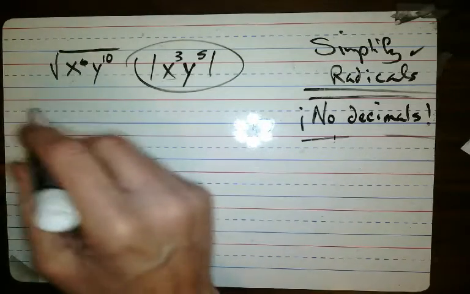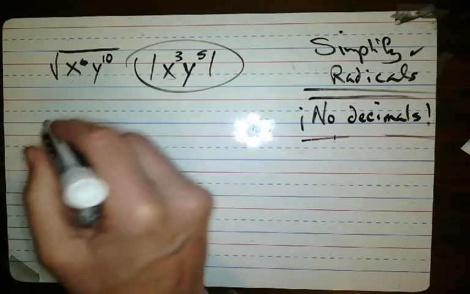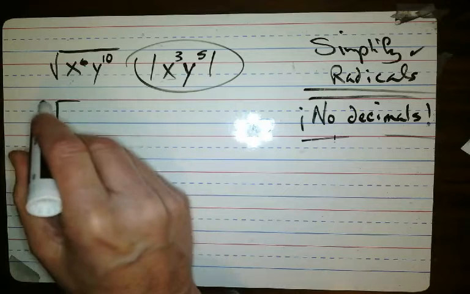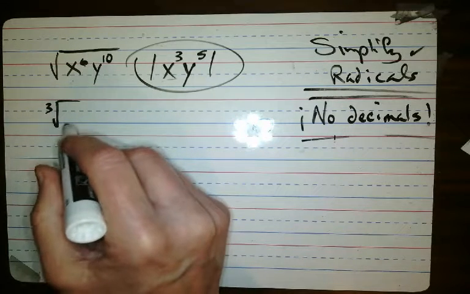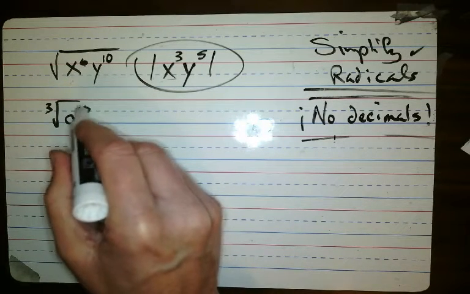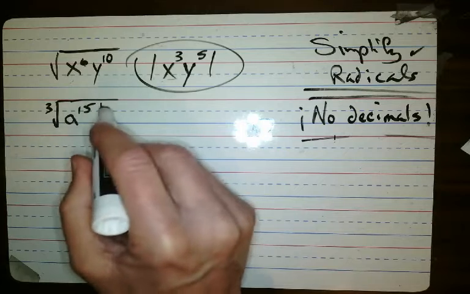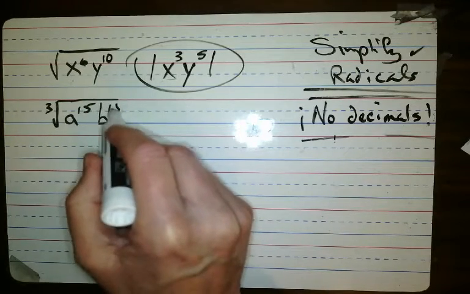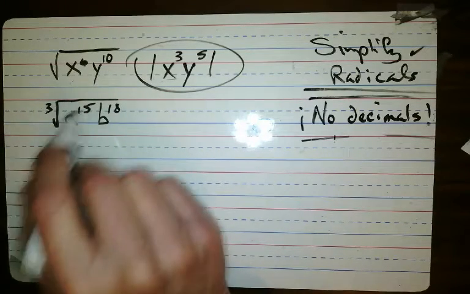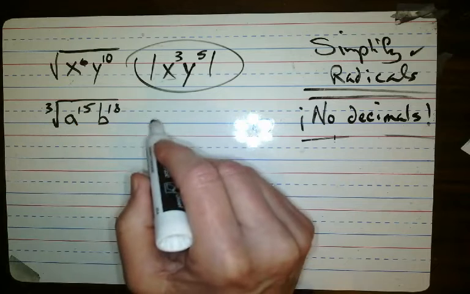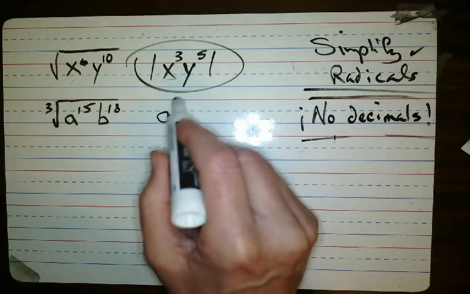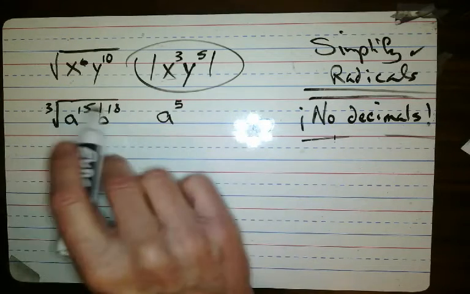Okay, let's try again. Let's do cube roots this time. Cube roots, a to the 15, b to the 18. Does 3 divide into 15? It does. 3 divides in there 5 times. 3 divided into 18?